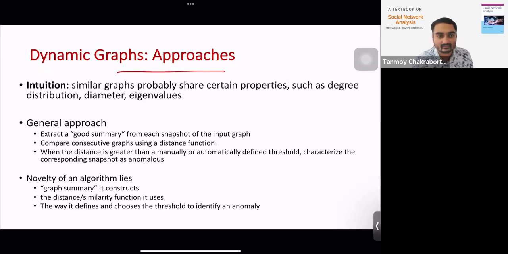But in general, it doesn't happen. In general, the degree distribution always remains power law. For example, diameter always remains kind of the same. If you look at the principal eigenvector, the components might change, but in general it behaves similarly. It's not that easy to see a drastic change.